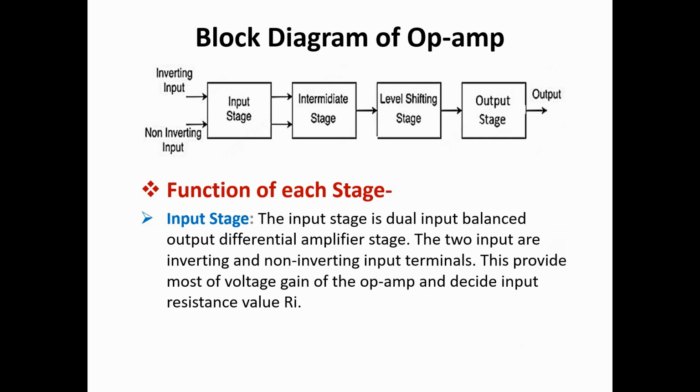The input stage has two inputs, the inverting and the non-inverting input. This input stage is the first stage of the operational amplifier. Let's see the function of each block.